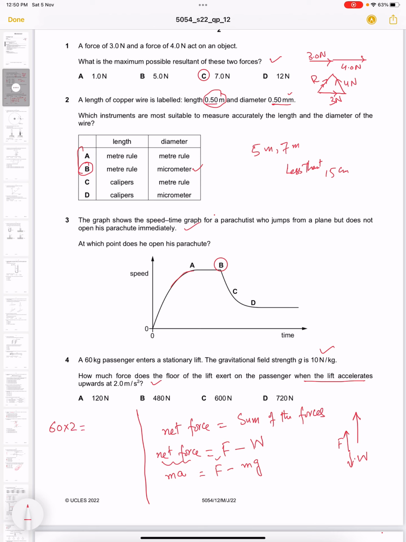It should be equal to F, the force applied by the lift, minus mg, 60 multiplied by 10. So this becomes 120 is equal to F minus 600. Minus 600 will be plus 600 when it moves to the left hand side, and 120 plus 600 will be 720 Newton. So that will be the force exerted by the lift. Option D.